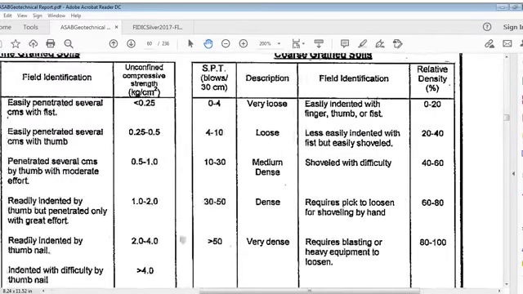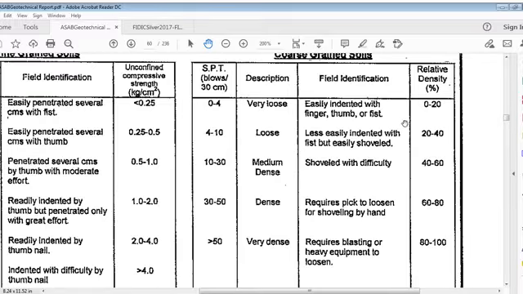So the first case, 0 to 4, I can say it's very loose, easily indented with finger, thumb or fist.